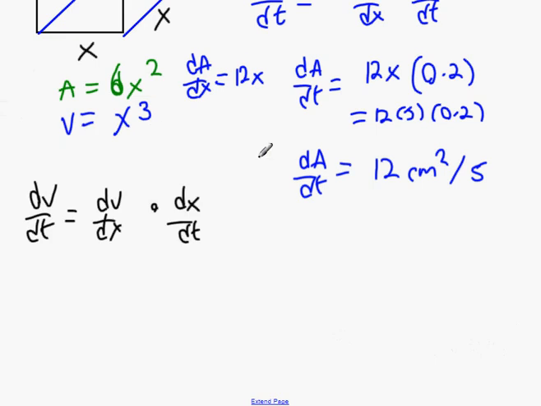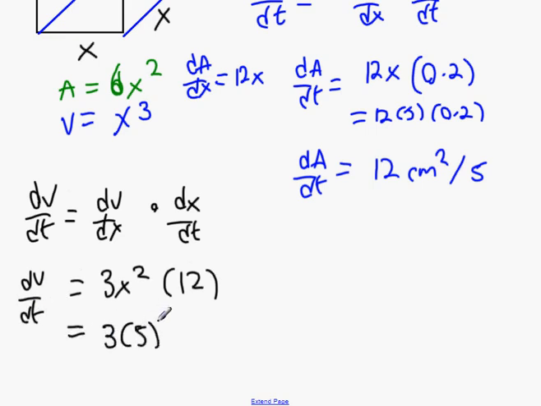So what we have next is dV dt equals dV dx times dx dt. dV dx is going to be 3x squared. dx dt is going to be 0.2, my fault. Therefore, dV dt, we replace x with 5, isn't it?